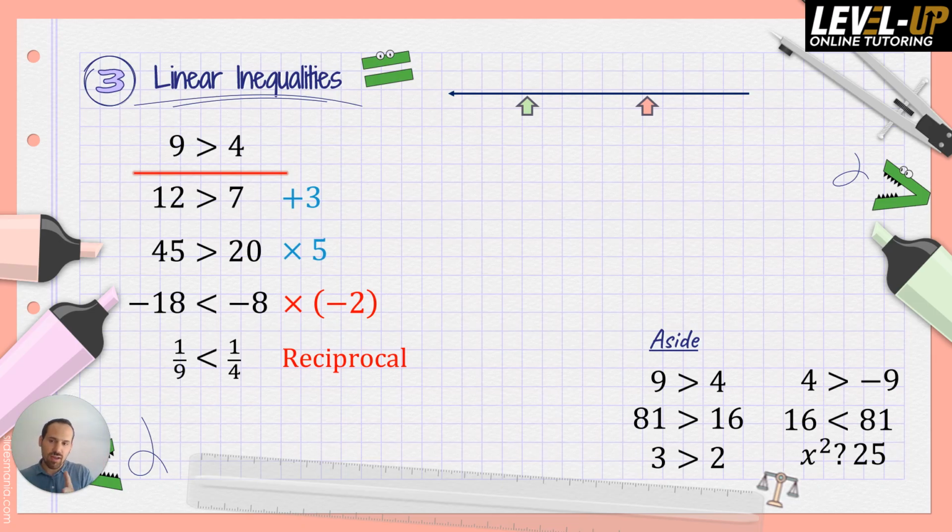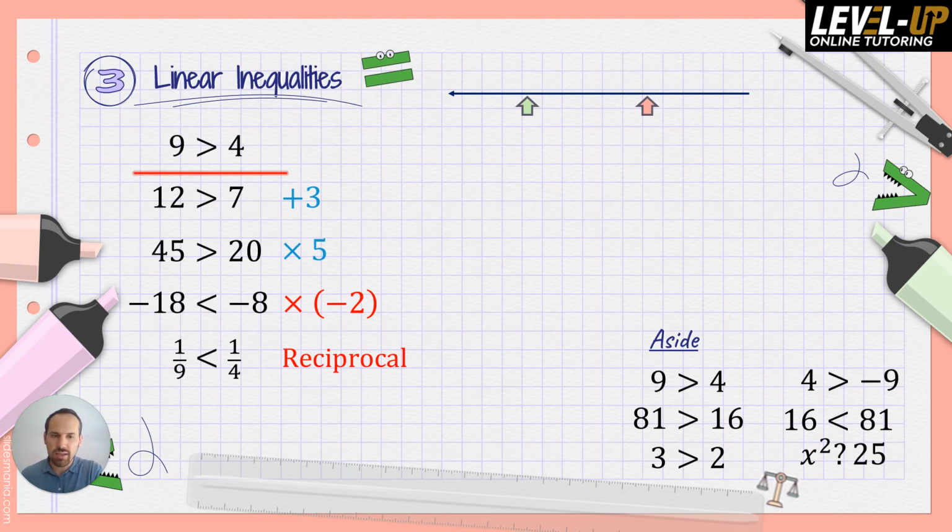Let's say x was 3, then 3 squared would be 9, which would be less than 25. However, say if x was minus 6, and minus 6 is less than 5, if we square minus 6, it becomes positive 36, which is greater than 25. And so it all depends on the value of x. It could be less than, it could be greater than. And so we just don't know.